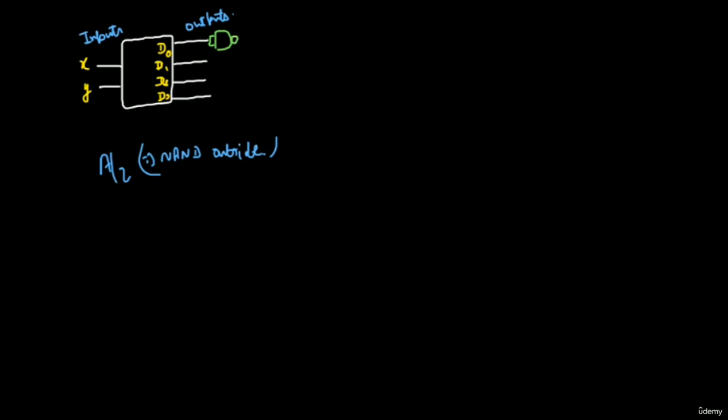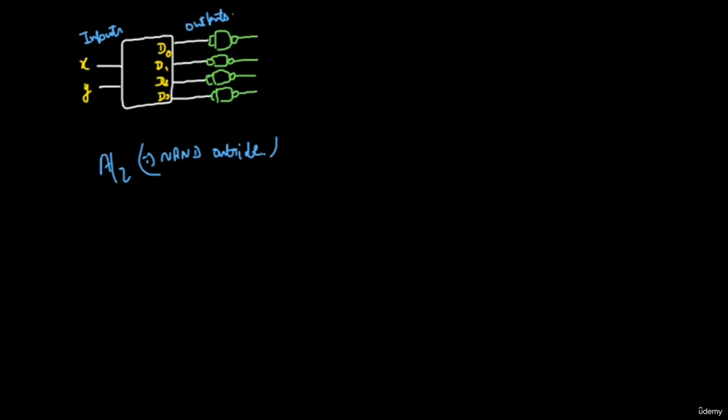And for the NAND gate, obviously we make it like this, as we have done in the earlier sections. Okay, we are almost done. So these are our four NAND gates.